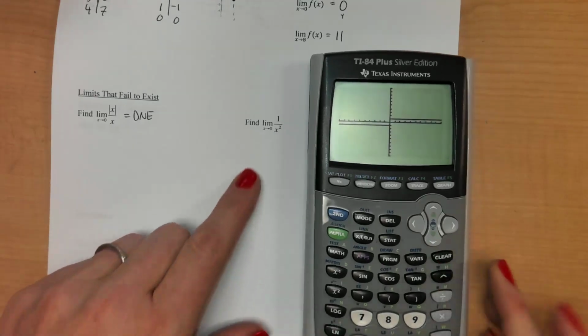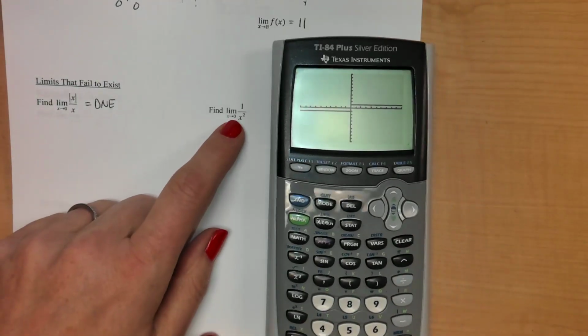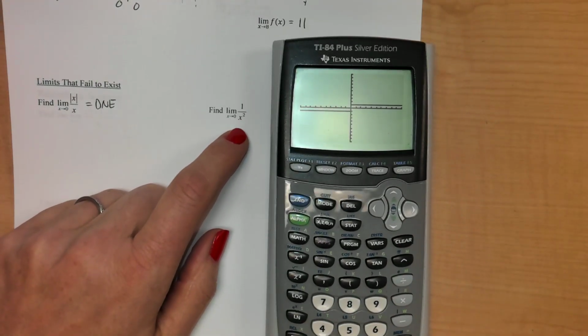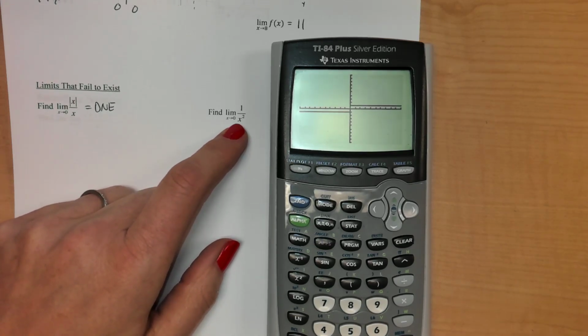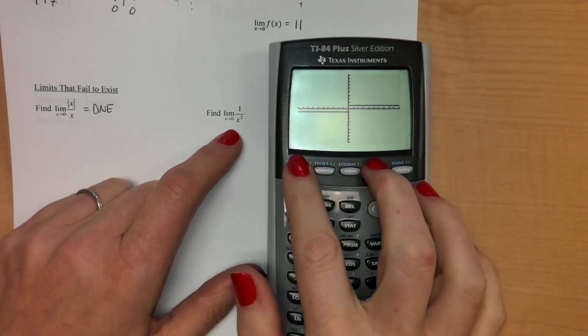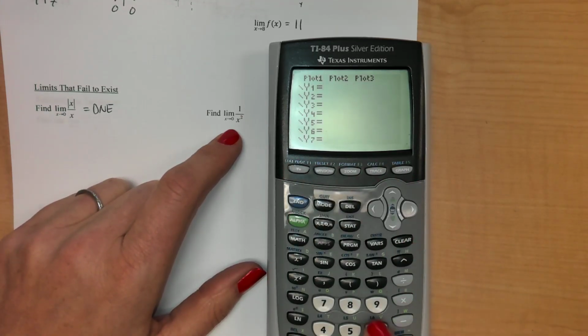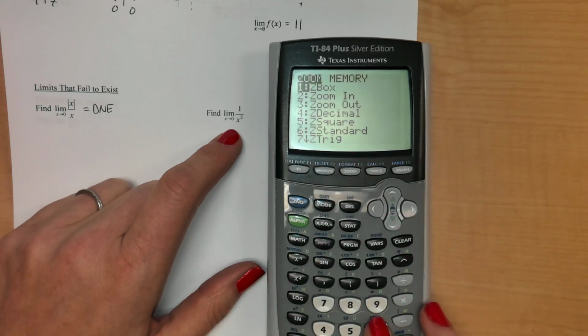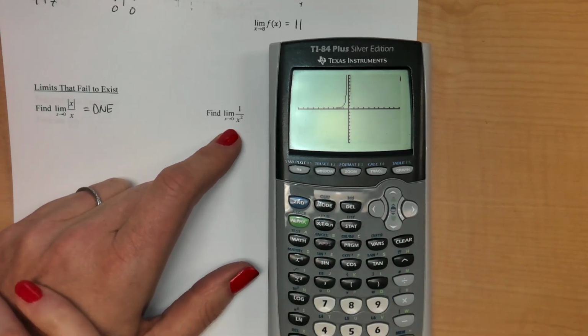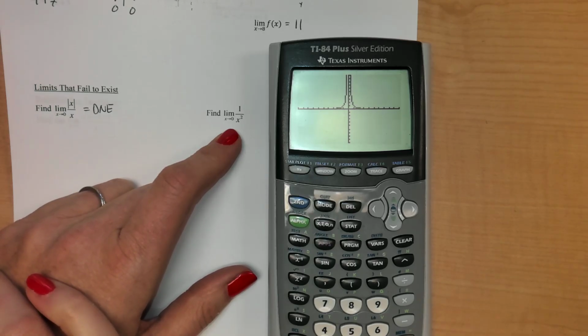Next up, I've got the limit as you approach 0 of 1 over x squared. So if we tried direct substitution and plug a 0 in there, 0 squared is 0. We can't divide by 0, so we're kind of in a pickle. So we've got to graph it and see what it will show us. Zoom 6 again. That's an interesting graph.